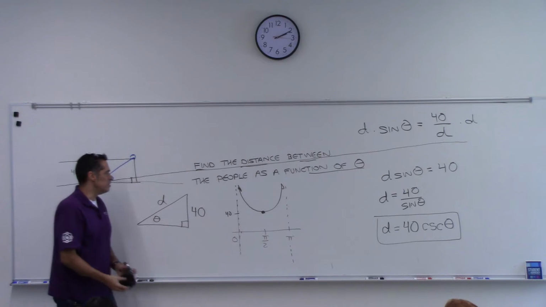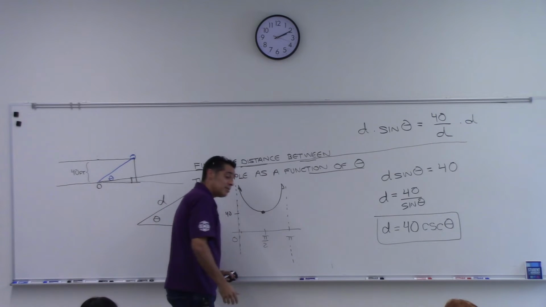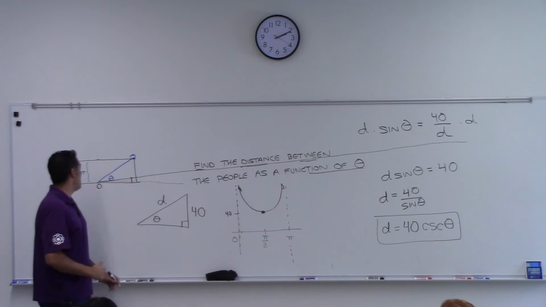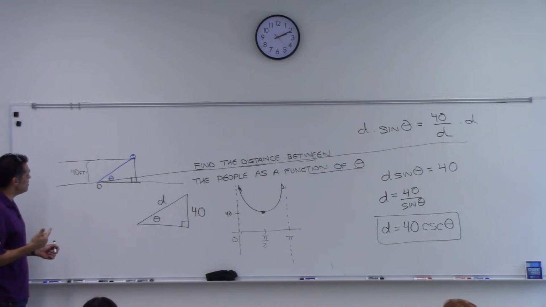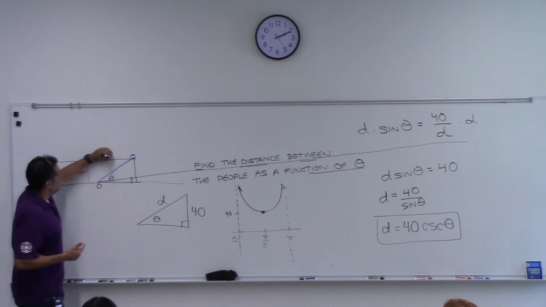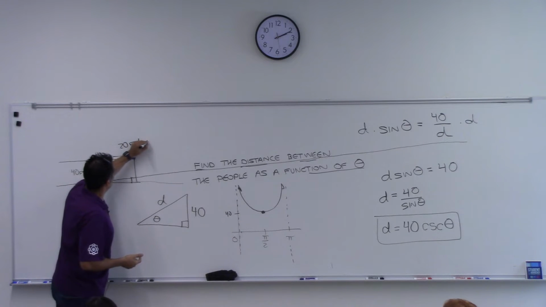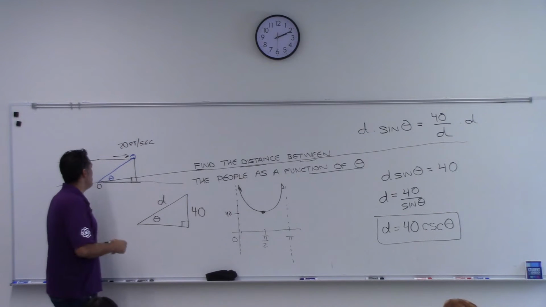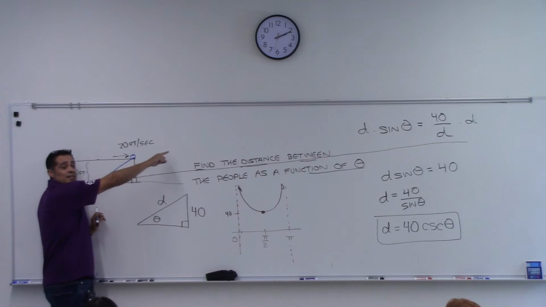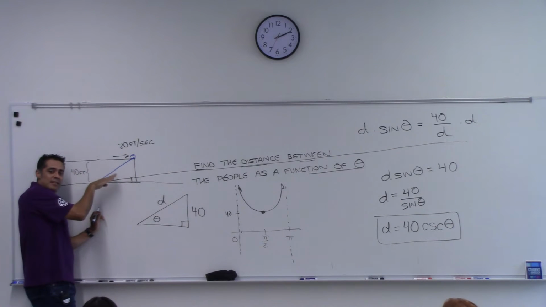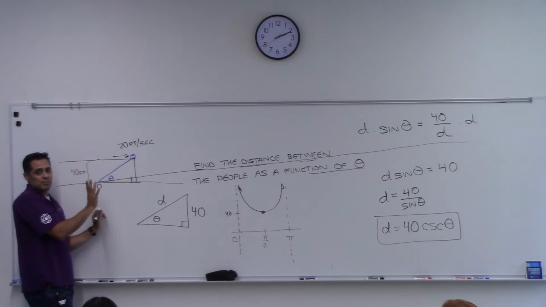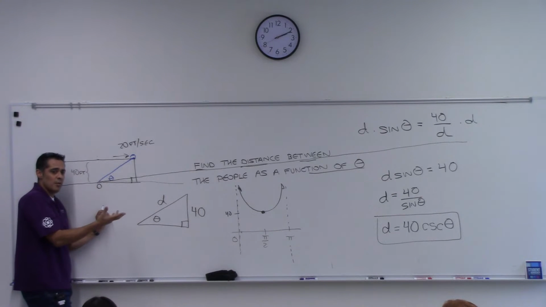It's a useful function. So in a calculus class, we would say this person is running at 20 feet per second, and I want to know when they're a certain distance down, how fast this angle is changing. That's a much more difficult question, but that would be a calculus question.